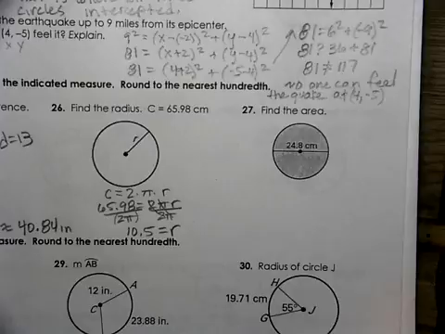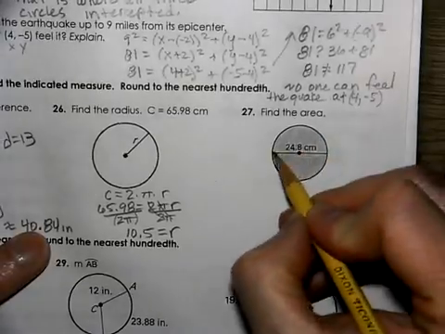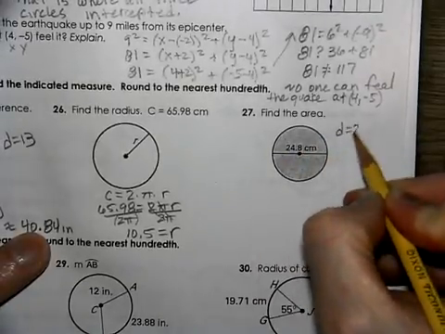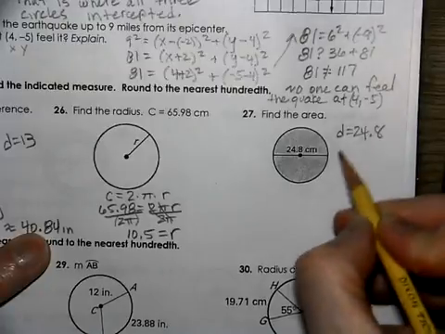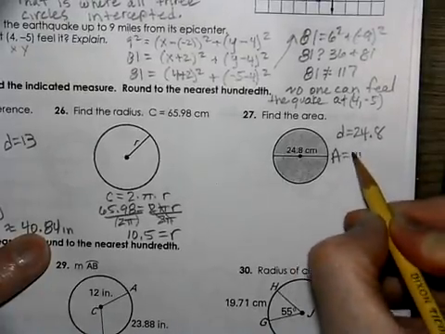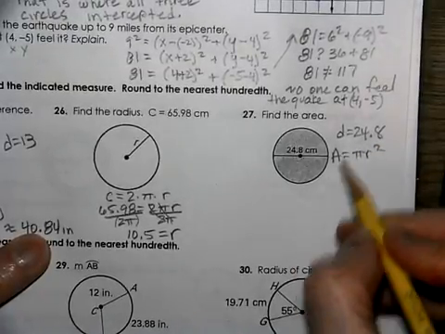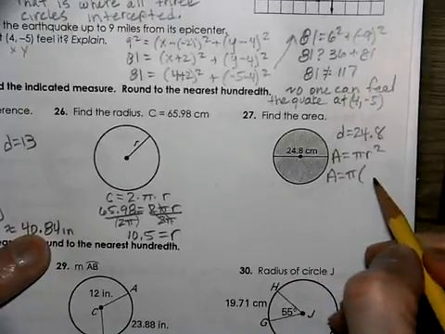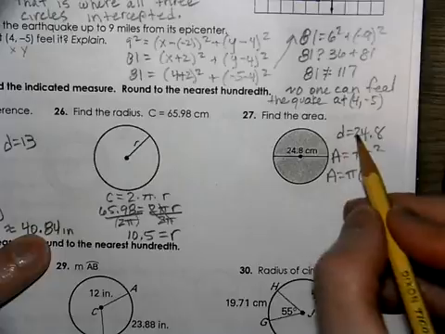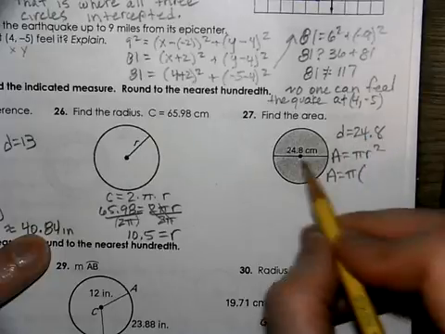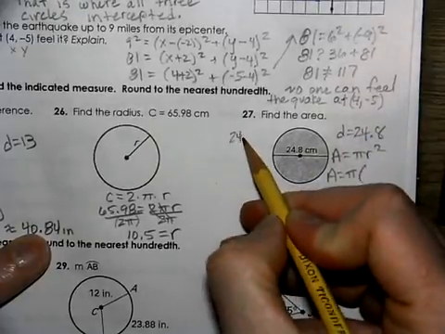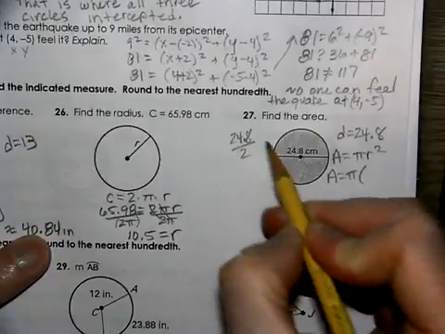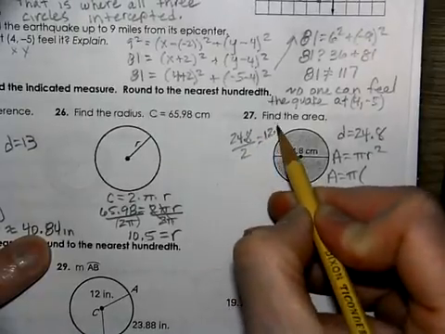Here we're looking for the area of the circle. We're given the total diameter is 24.8. The area formula is pi r squared. If that's our diameter, we're looking for radius, so we need half of our 24.8, which is 12.4.